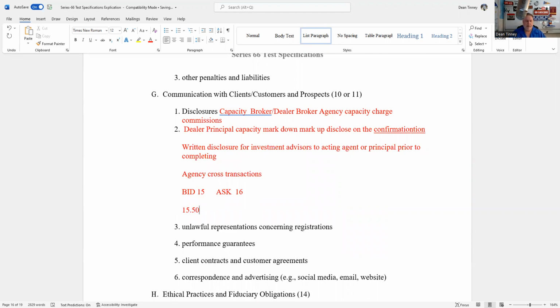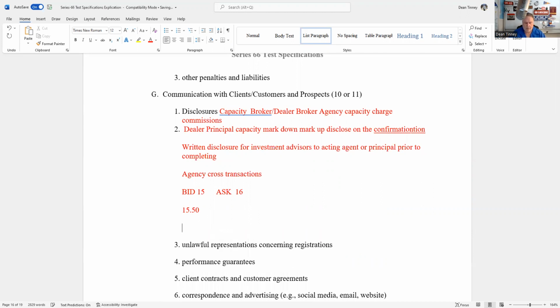That way my investment advisory client who is selling gets 50 cents more than they otherwise would have got, and the customer who's buying pays 15.50, 50 cents less than they otherwise would have paid. And the only loser here is the market maker. Now, one thing I cannot do is recommend both sides of the trade.